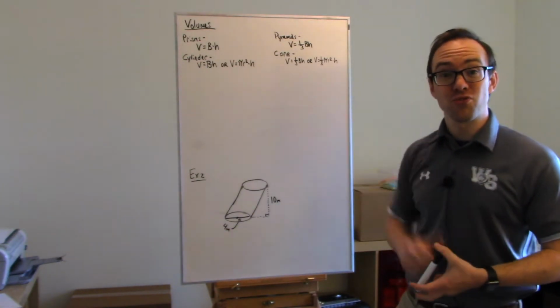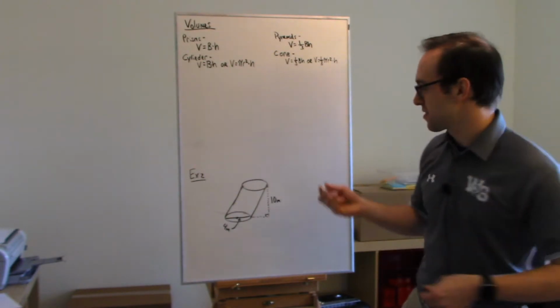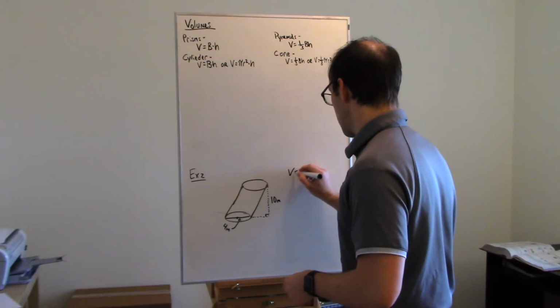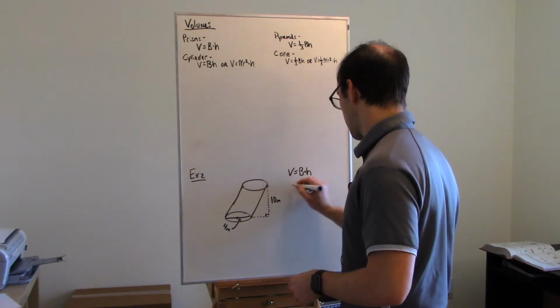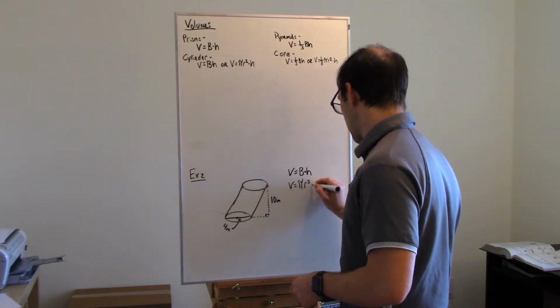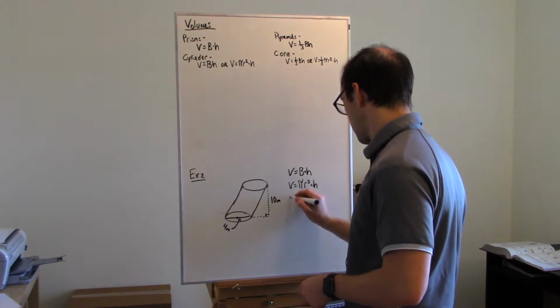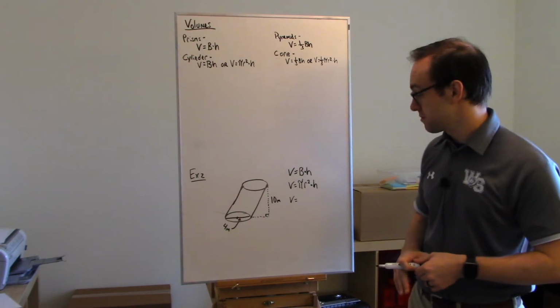Now let's use our cylinder formula to find the volume of this oblique cylinder. To find the volume of the cylinder, it is pi r squared times the height.